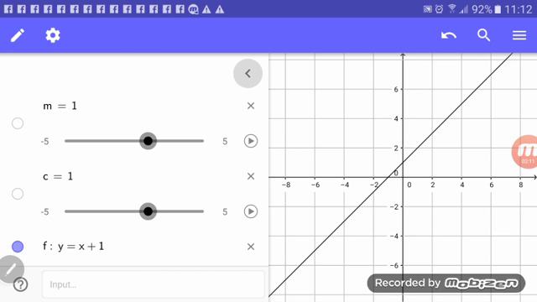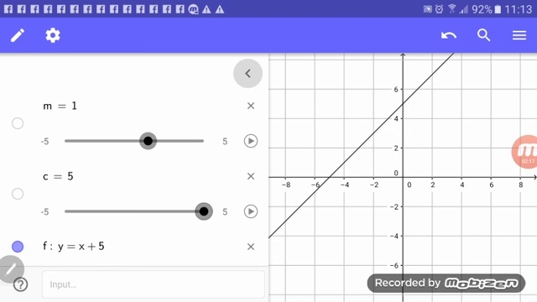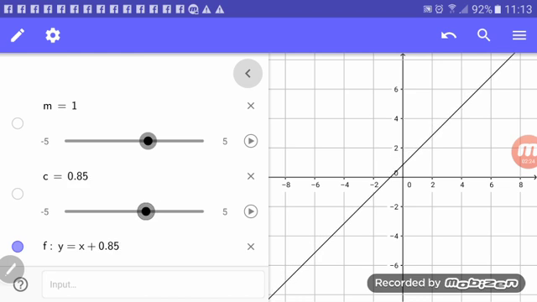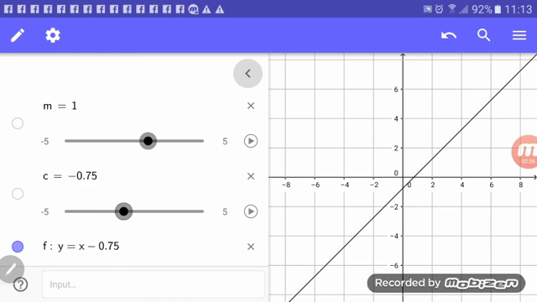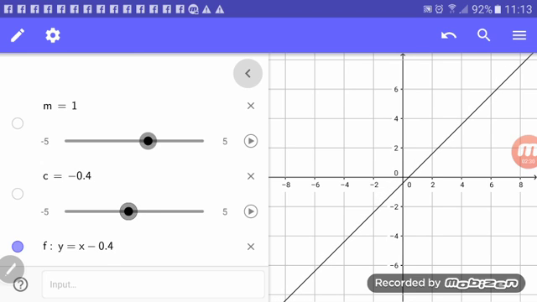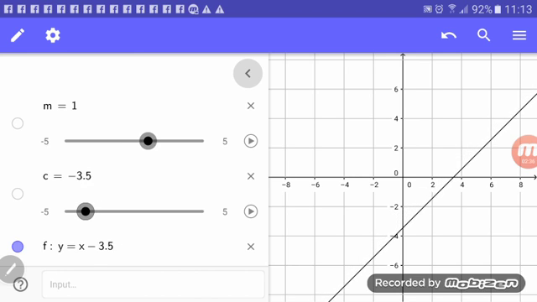As I increase it, our y-intercept, remember intercept means to cross over, goes up. As I decrease the c value, the y-intercept goes lower. When c is a negative number, so is the y-intercept, and it goes below the 0 on the y-axis.